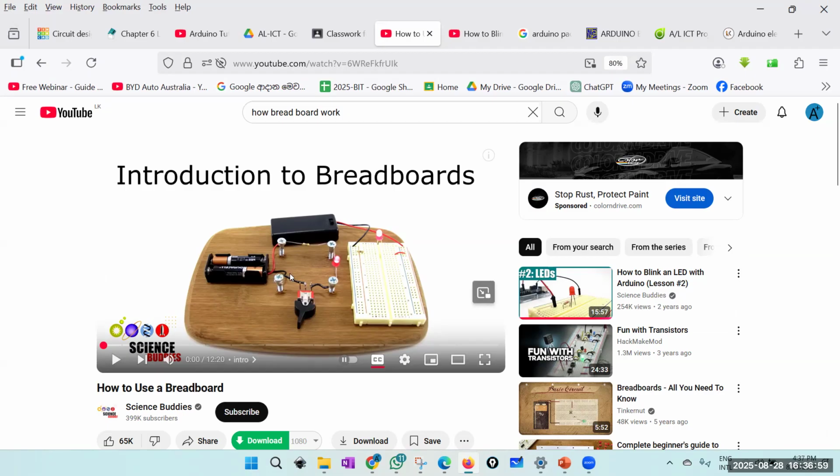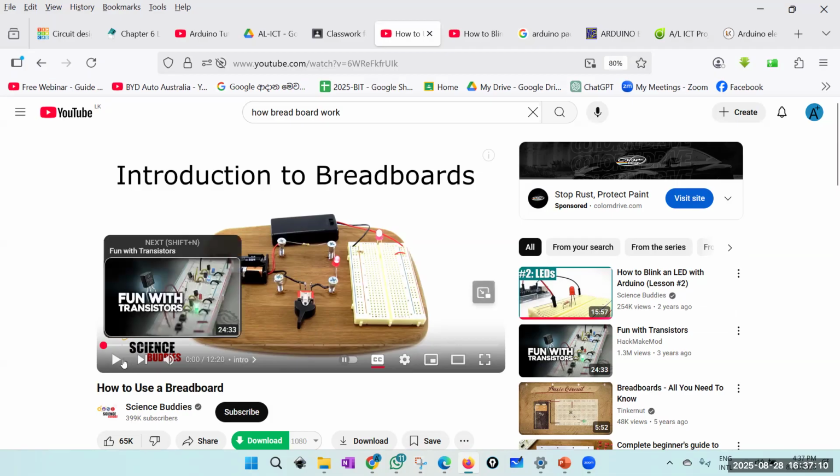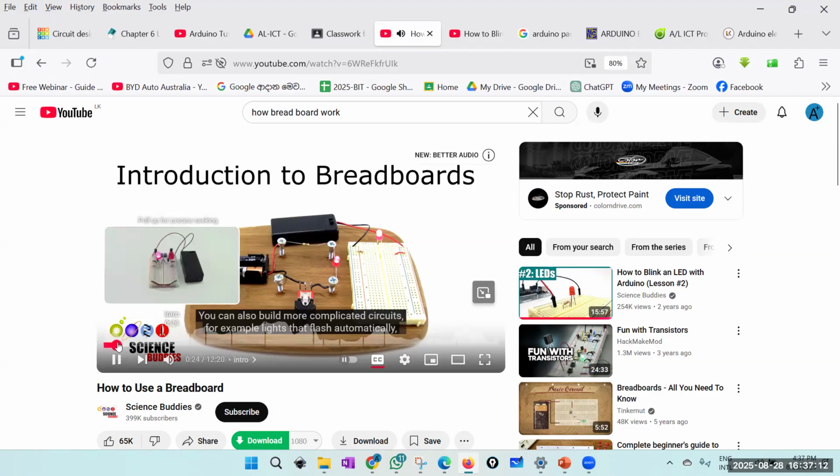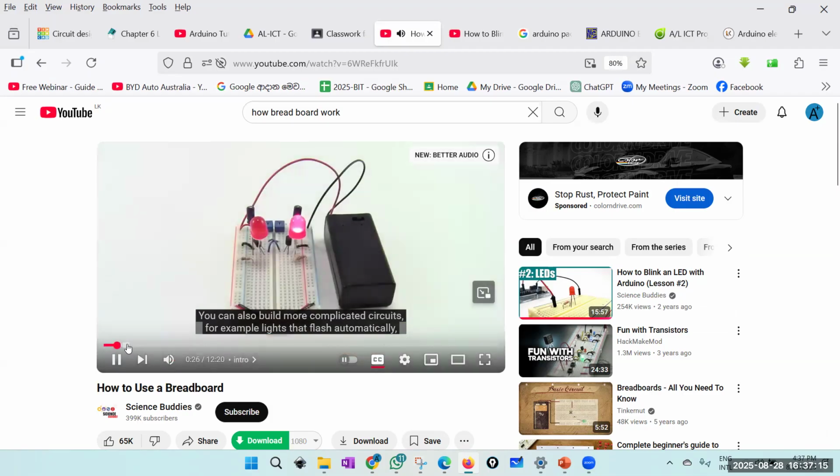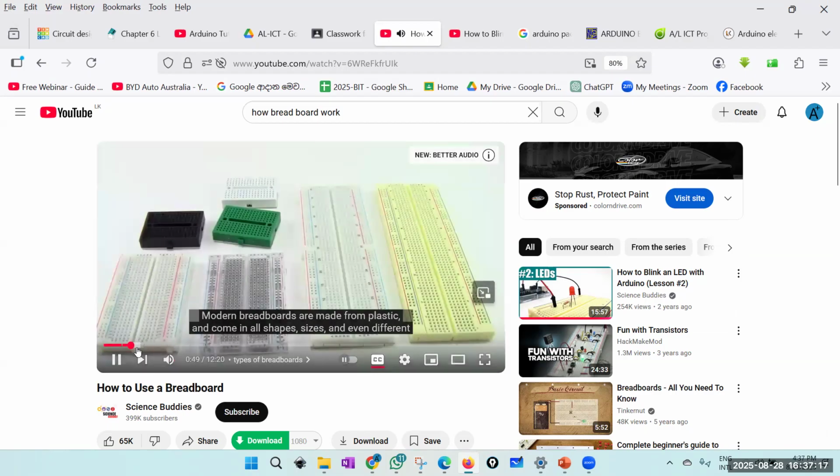That is why the word breadboard is used. But no longer do you need actual breadboards. This is good enough now, because now we can fix everything here, even more complicated circuits. Modern breadboards are made from plastic and come in all shapes.